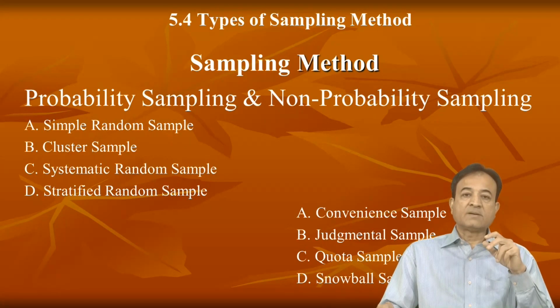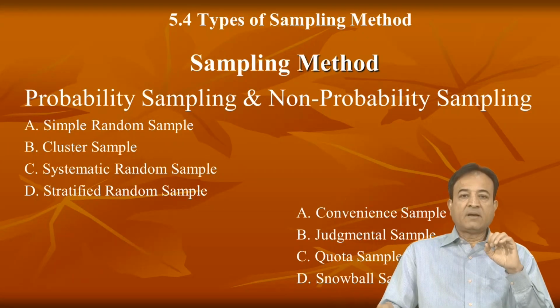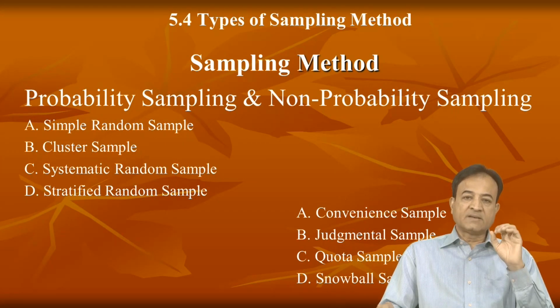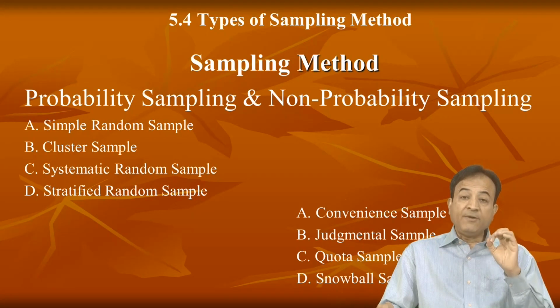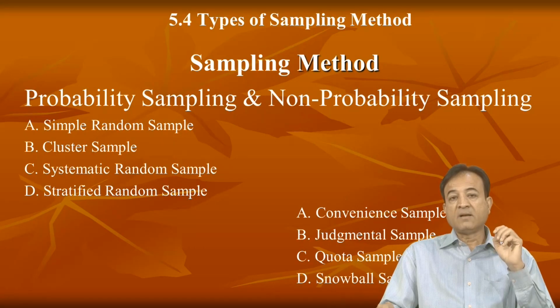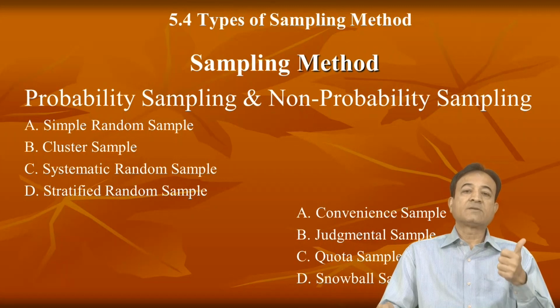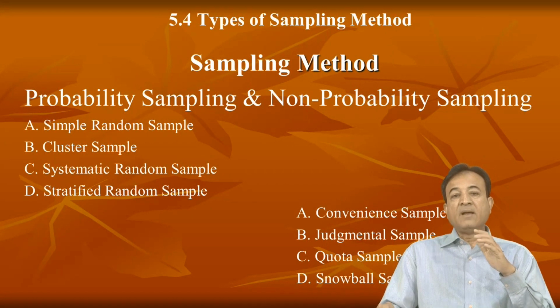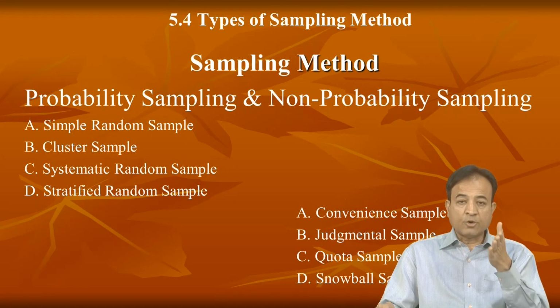Now, the third, systematic sampling. What is systematic sampling? It is a technique to select the sample systematically using certain predefined norms or criteria. For example, to select a sample of 6 students from a class of 60 MBA students, the researcher can decide any one digit out of 0 to 9.